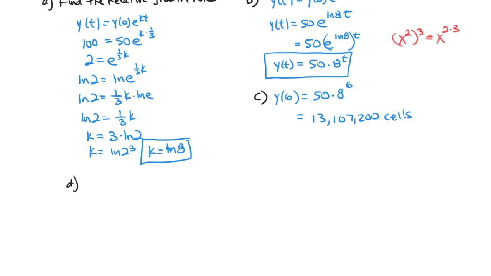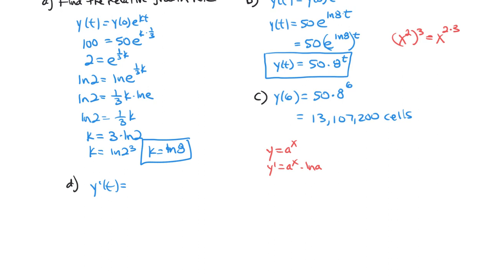Then part D of this question asks us to find the rate of growth after 6 hours. So we basically are going to need to take the derivative, right? Here's the population, so we want to find the rate of growth. We're going to have to take the derivative of y of t. So in this case, we're going to get y prime of t equals, well, remember this 50 just goes along for the ride, and this is an exponential function, right? We know that if y equals a to the x, y prime equals a to the x times the natural log of a.